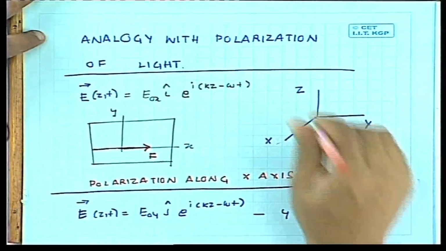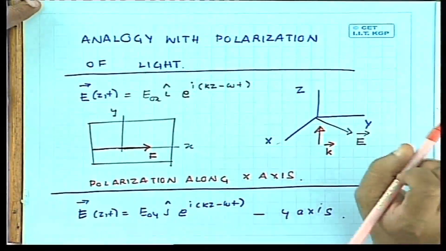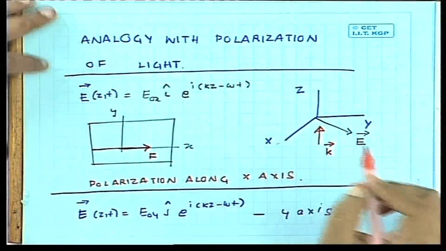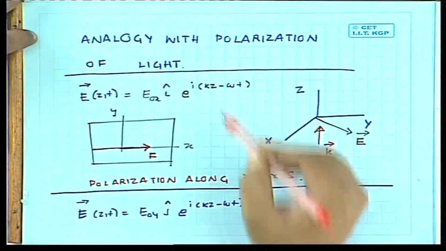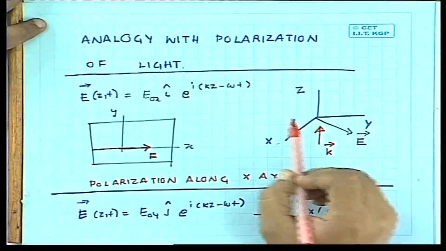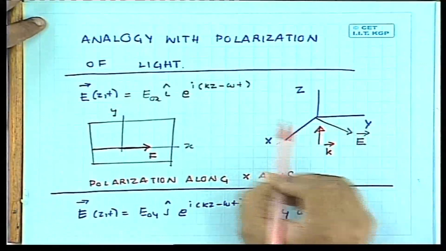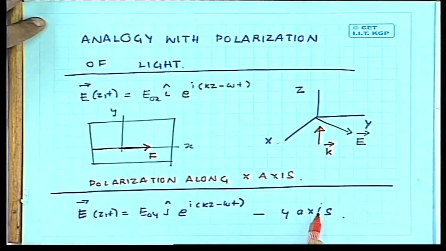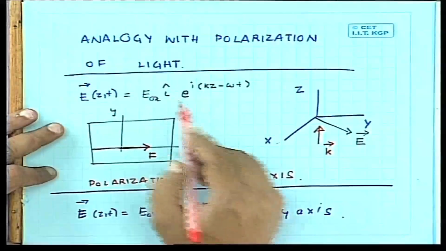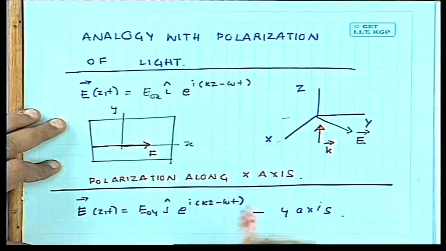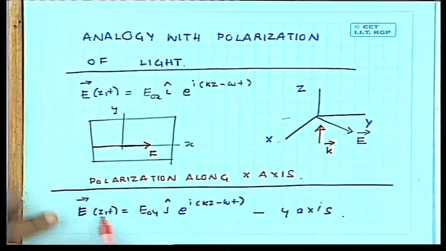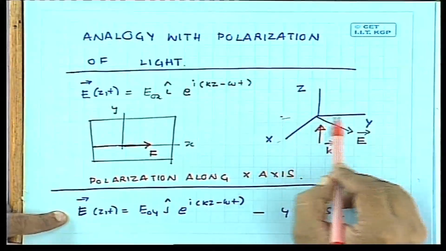So the polarization state of light polarized light propagating along the z-axis can be expressed as a linear superposition of these two vectors, that is, the electric field oscillating along the x-axis and the electric field oscillating along the y-axis. This represents the situation when the electric field is along the x-axis, and this is the situation where the electric field is along the y-axis.